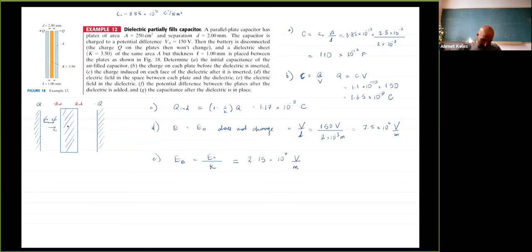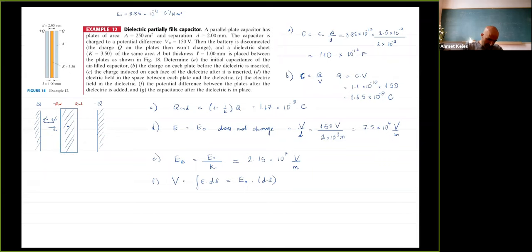So, the potential difference between the plates after the dielectric is added. Okay, so F, potential difference V is equal to the integral of E dot dl, which is going to be E0 times D minus L. So E0 times this distance plus E0 times this distance is the contribution to potential coming from the other plates.